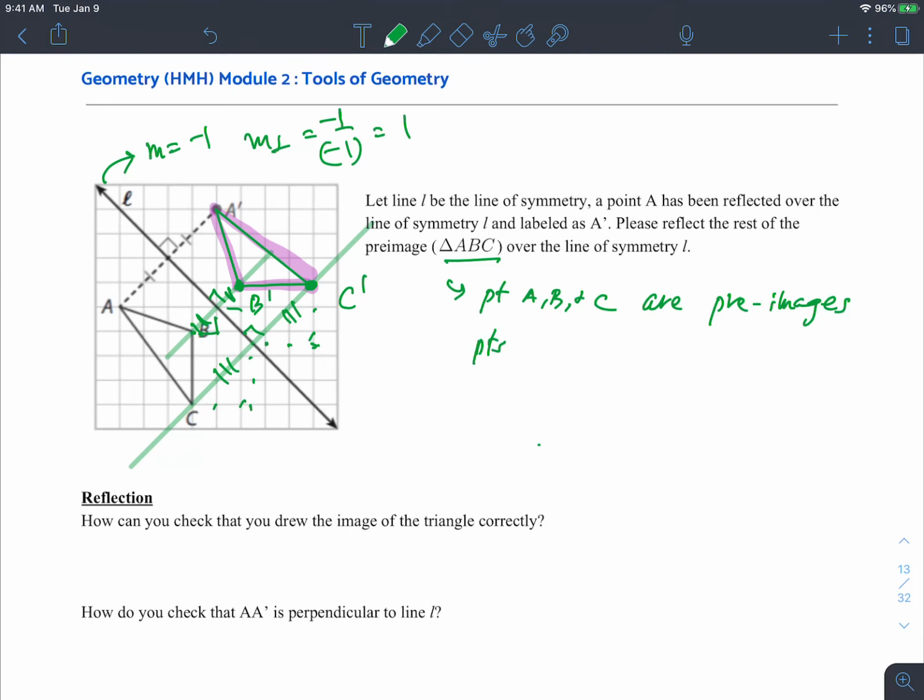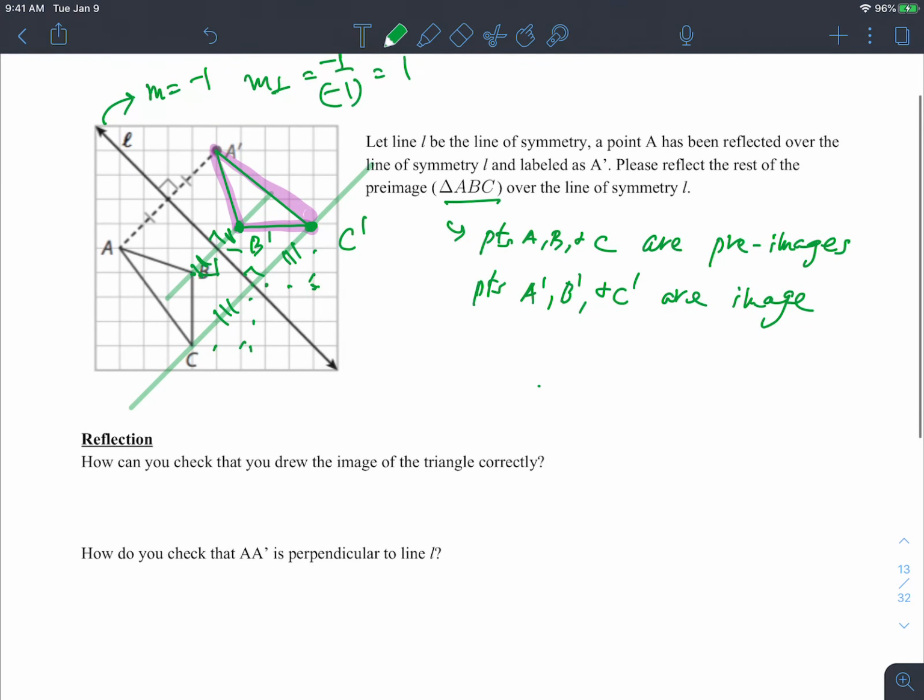And the points A prime, B prime, and C prime are known as the image. The result of the transformation in this particular case is a reflection, right? A reflection across a symmetric line. All right. So reflection. How can you check that you drew an image of the triangle correctly?